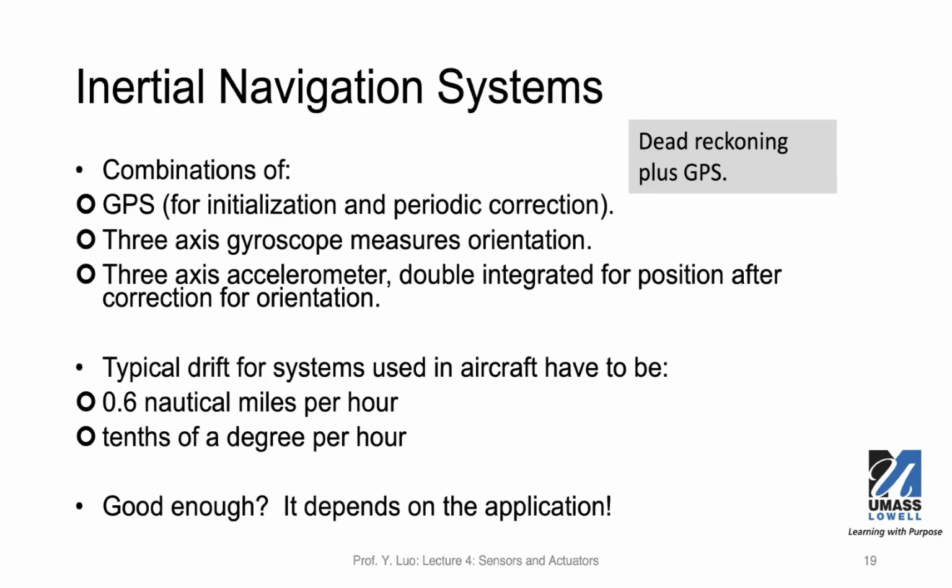They have to be calibrated from time to time, and depending on the actual application, you may need to find a more accurate system than this. It really depends on the application to understand whether you have sufficiently accurate measurement sensors for your system.